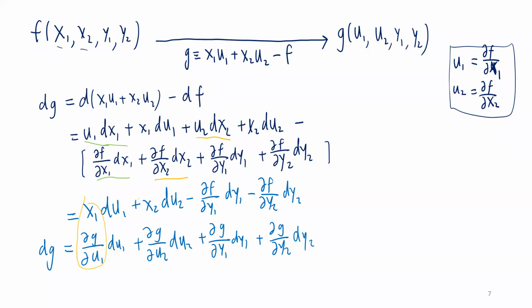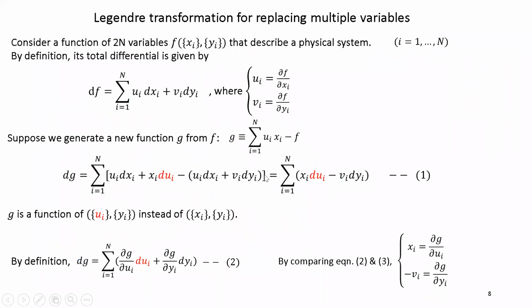So this is equal to this, x2 is equal to this, and minus partial f partial y1 is equal to this, and this. So you can see that it's straightforward to generalize this Legendre transform to the case where you want to replace multiple variables. What I'm showing you in this slide is the case where I have 2n variables, and I want to replace n of the variables.